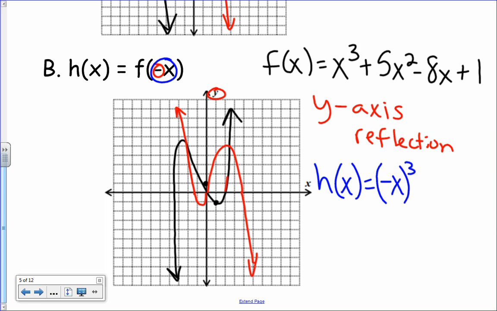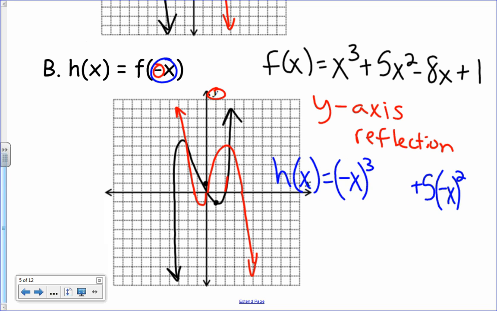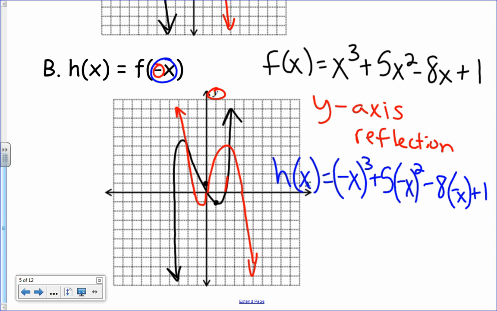It used to say x to the third, now negative x to the third power. It used to say 5x squared, now it says 5 times negative x squared. Used to say minus 8x, now it says minus 8 times negative x. And then plus 1 at the end. That's your new rule. All we did was plug in negative x.